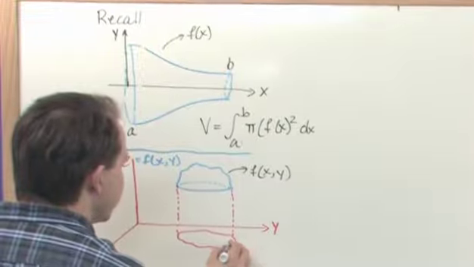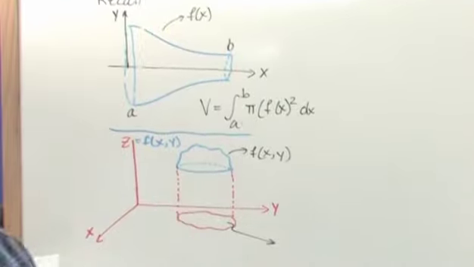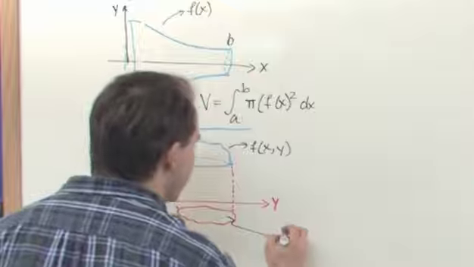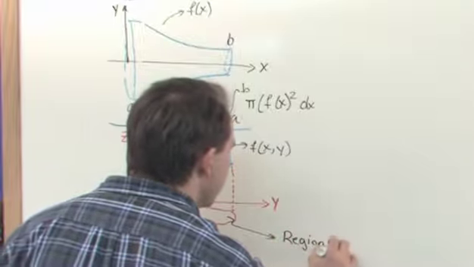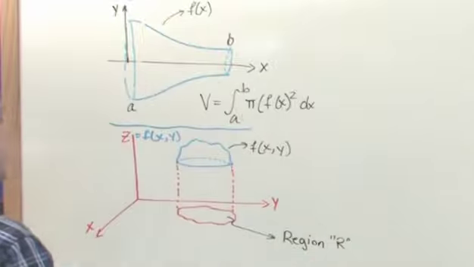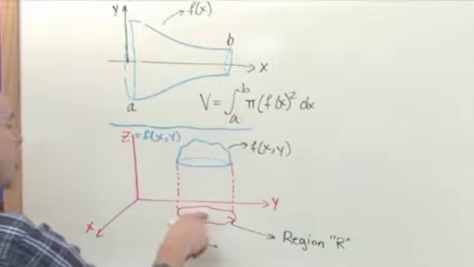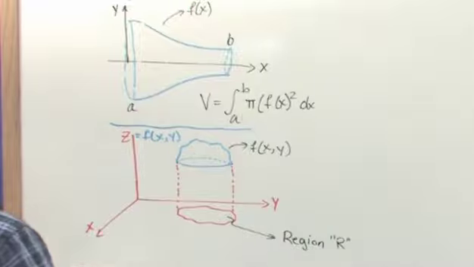This part down here, the projection on the xy plane, is very important. It's called the region R. This region R, I'm going to refer to it through the entire lecture. So the region R is always the projection of the function down on the xy plane.